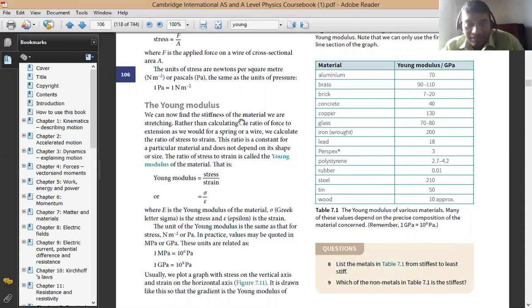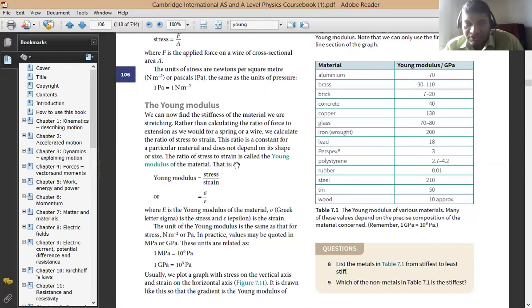But in other metals, it is not easy for us to make them into springs whenever we want, so we can test the stress to strain ratio. This ratio is a constant for a particular material and does not depend on its shape or size.